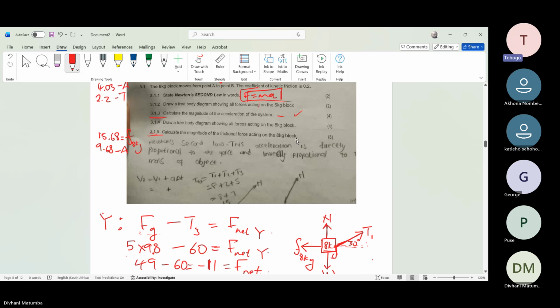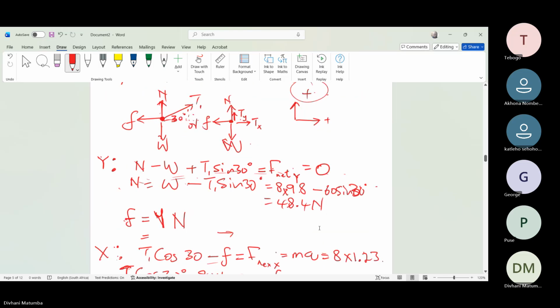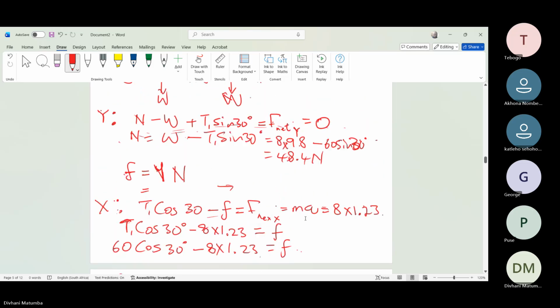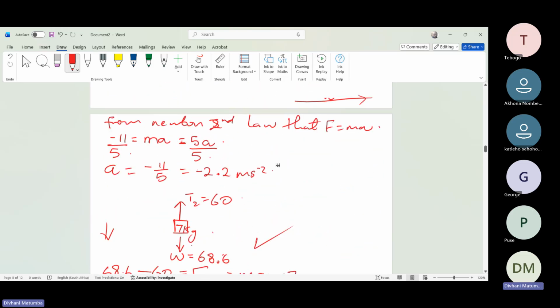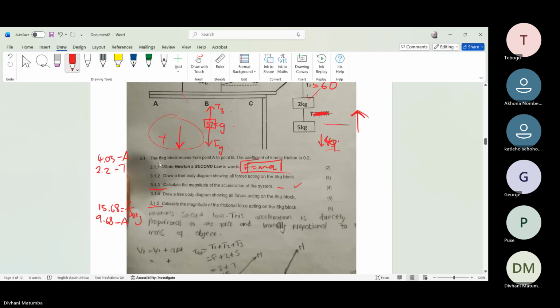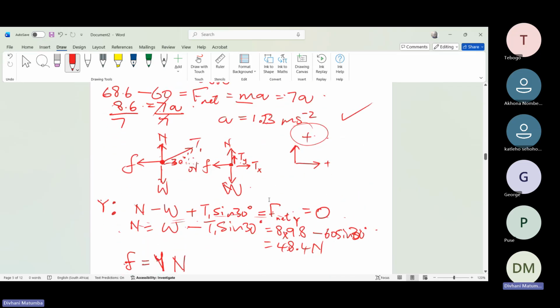Yes, I do. Which part? Why didn't you use the coefficient of kinetic friction? Is it given? Yes, it's 0.2. Oh, yes. Okay.